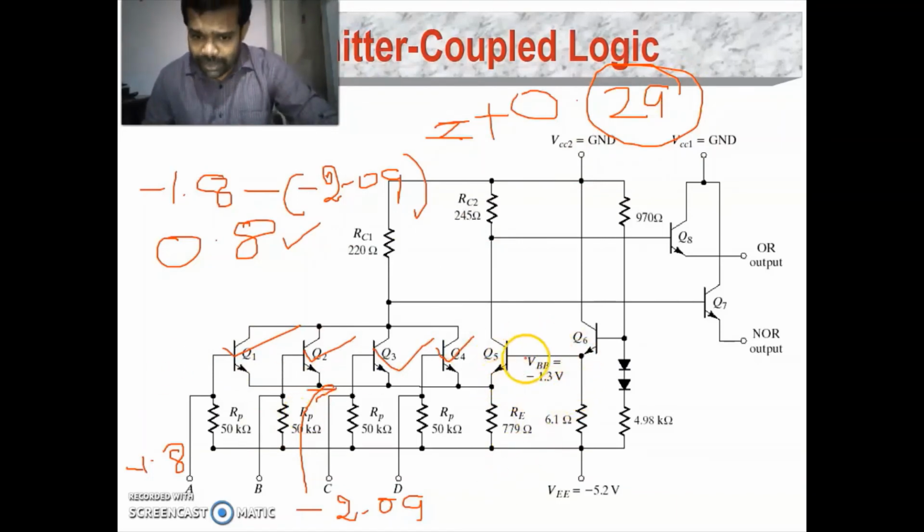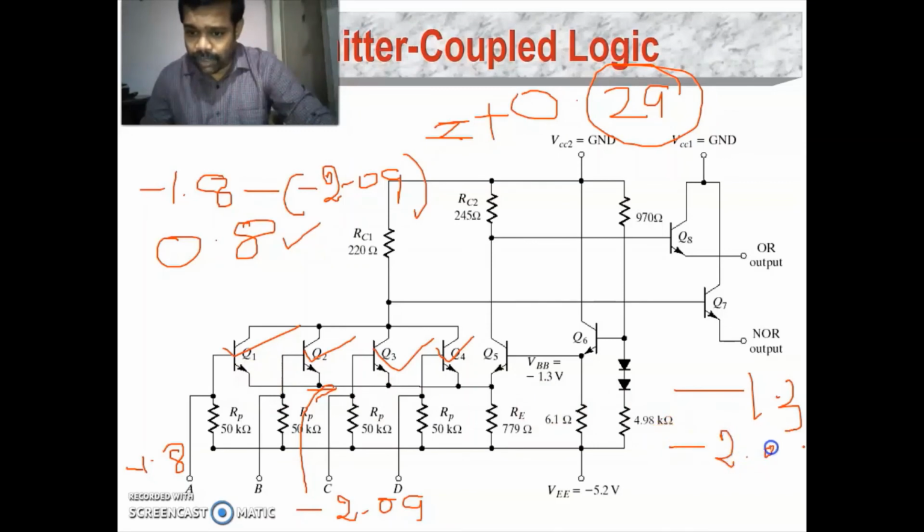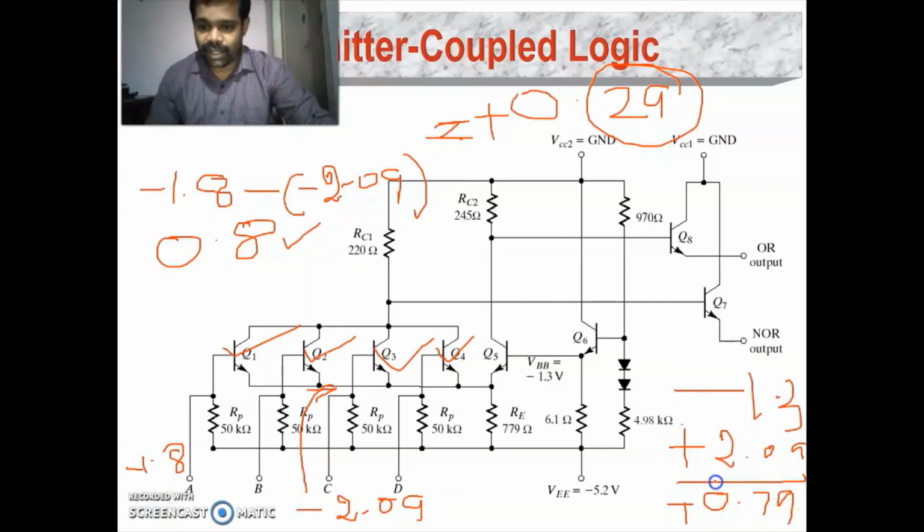But Q5 has its base at minus 1.3, and its emitter at minus 2.09.